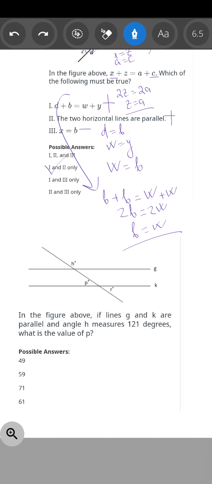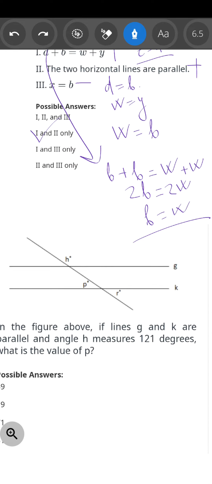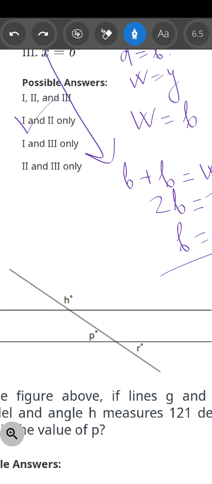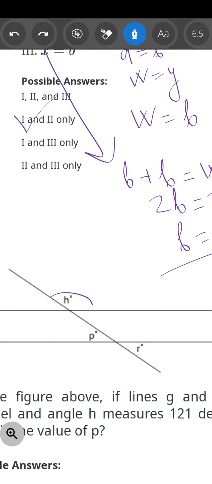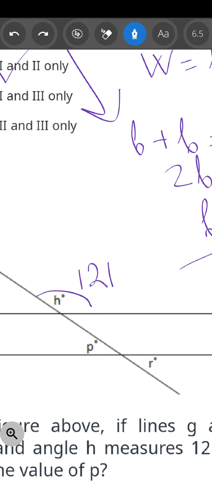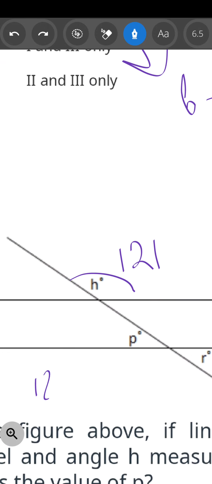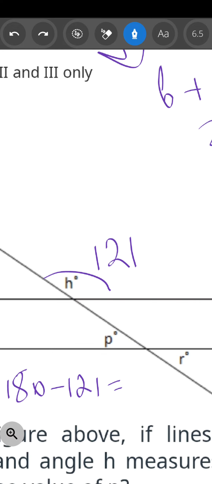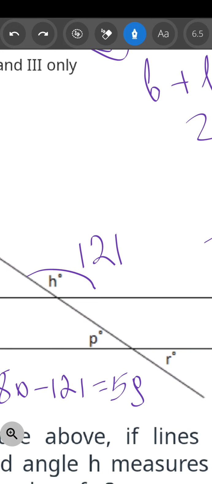Our next question is that in the figure above, if lines G and K are parallel and angle H measures 121 degrees, what is the value of P? According to the condition of this question, the angle H is equal to 121 degrees. So the angle which is supplementary to this angle will be equal to 180 minus 121, that is equal to 59 degrees.